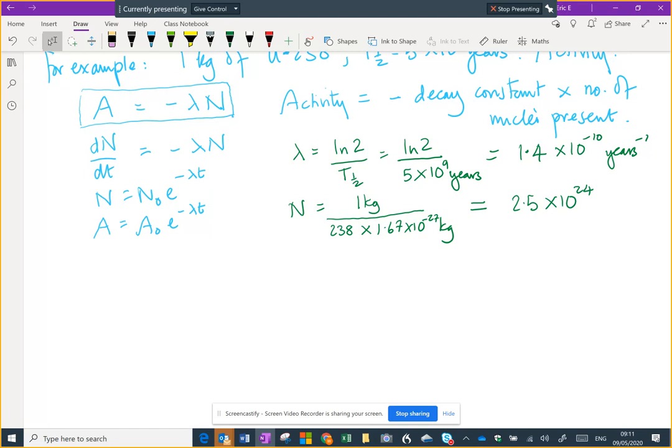Okay, so now, therefore, the activity, as it says above, equals, we don't worry about the minus sign because that just tells us it's decay rather than exponential growth, is lambda, which is 1.4 times 10 to the minus 10 per year, and then N, which is 2.5 times 10 to the 24.